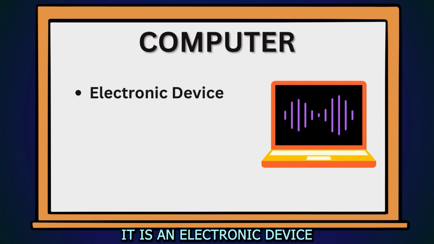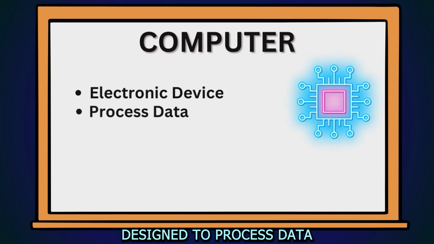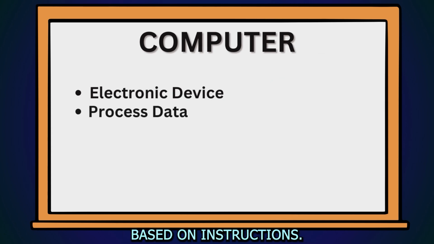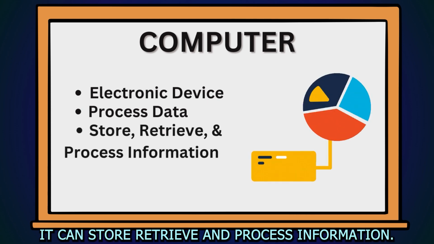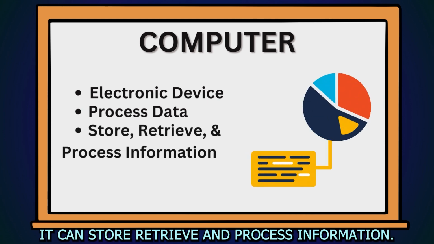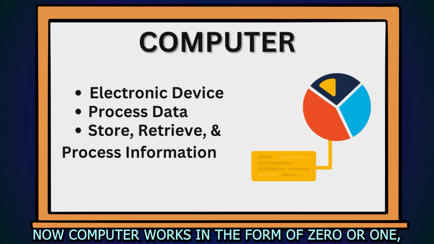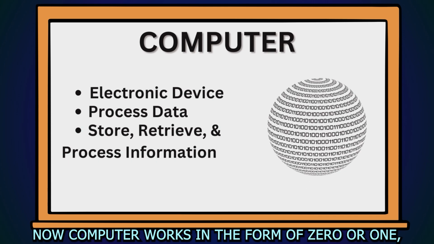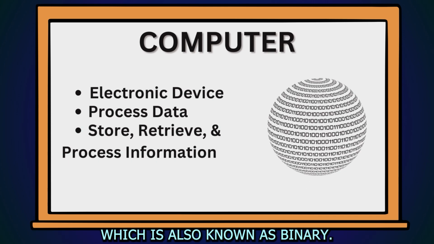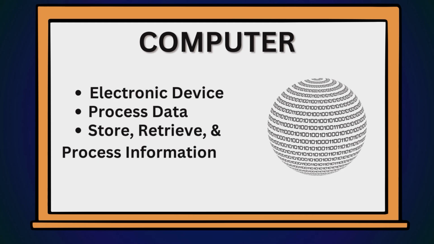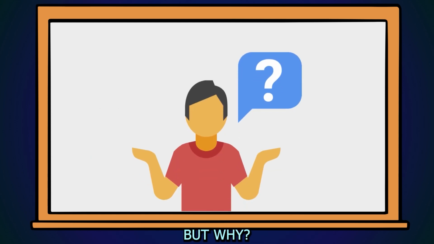It is an electronic device designed to process data based on instructions. It can store, retrieve, and process information. Now, a computer works in the form of 0 or 1, which is also known as binary. But why?